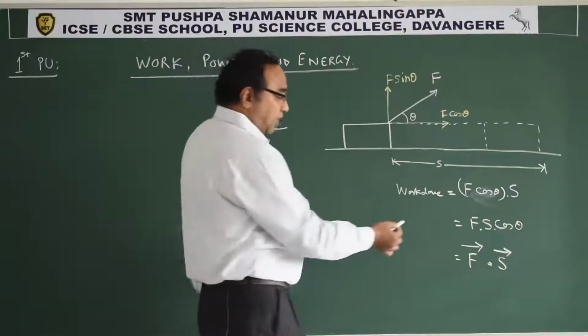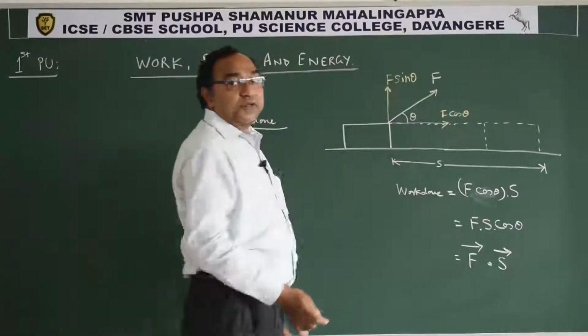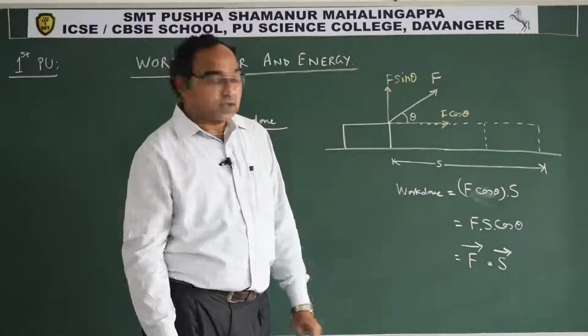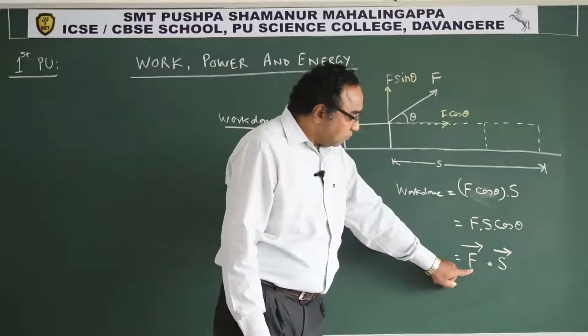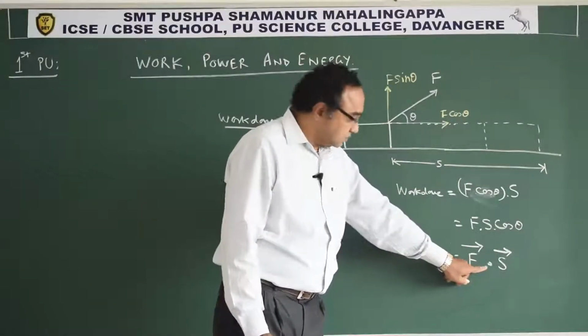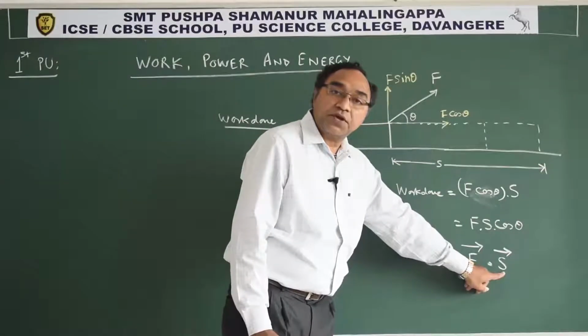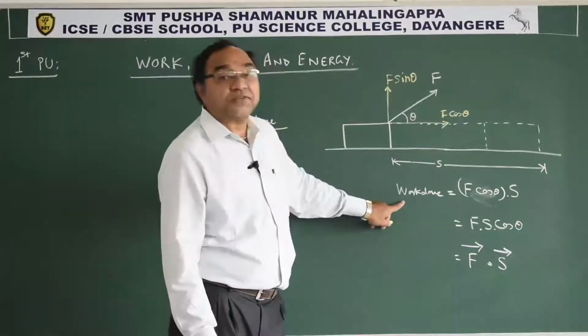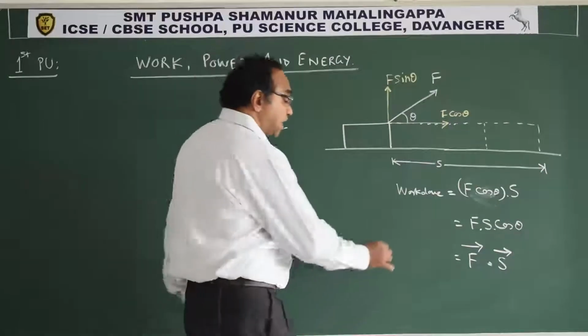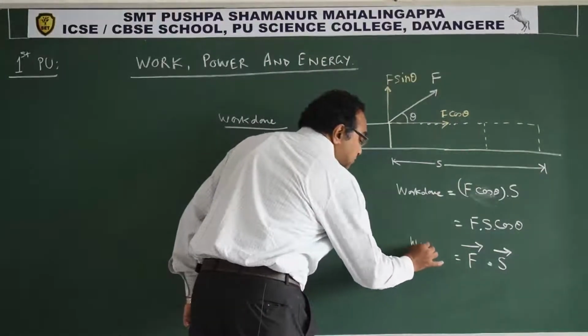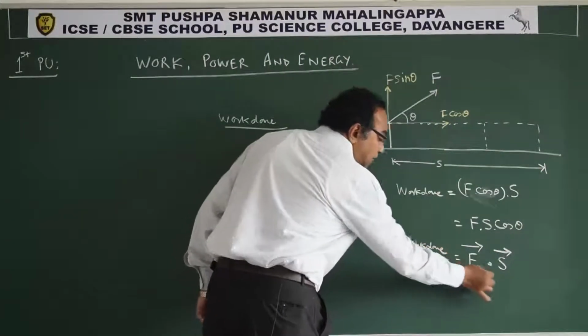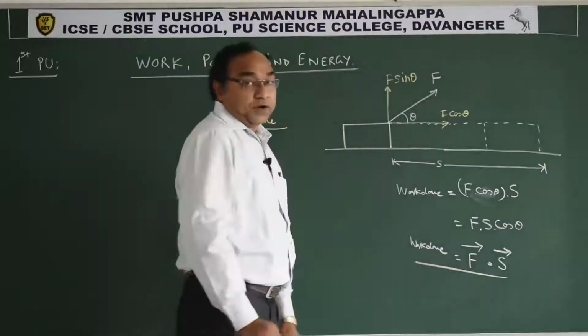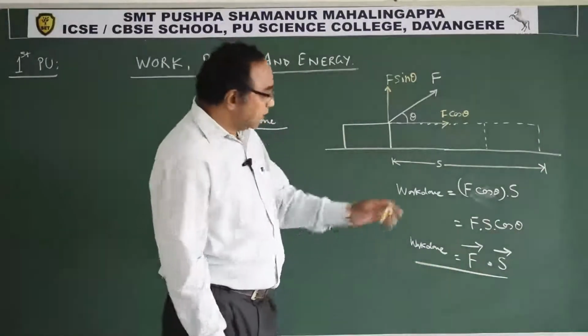The reason is, work done is a scalar quantity. Therefore, force, which is a vector, and displacement, which is also a vector quantity, but the result that I want is a scalar quantity. That is why we say work done is the dot product of force and displacement.